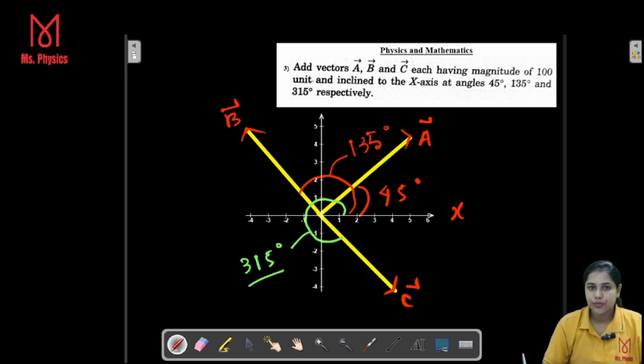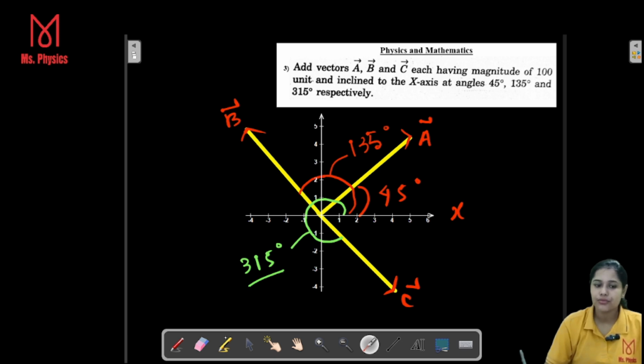Now this is the most important point. Listen to me carefully. Here you see that B and C both have the same value, that is 100 unit, and both have opposite directions. Isn't it? These two have opposite directions and equal magnitude. So what will happen? They will cancel each other out.